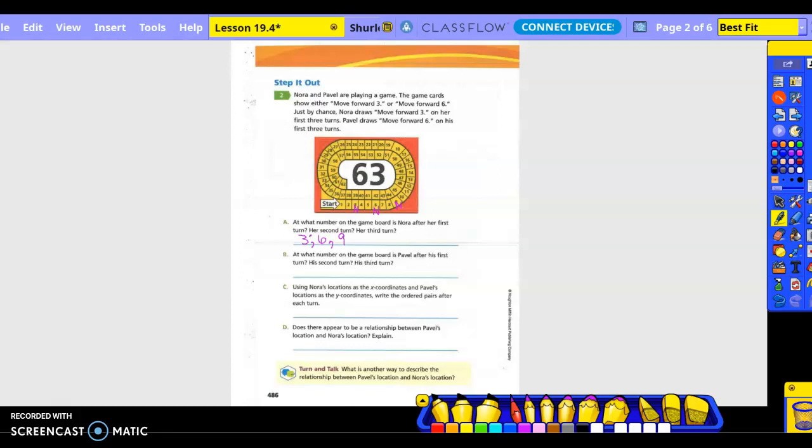You need to actually use semicolons here because we're putting an answer per question. Okay. What number on the game board is Pavel after his first turn, second turn, and third turn? So what was his? Move forward 6. So Pavel would be at 6, then he would be at 12, and then at 18, right?